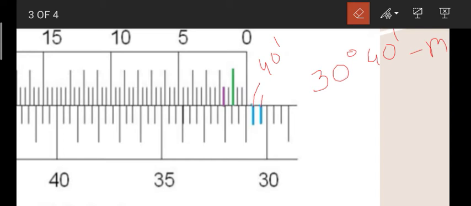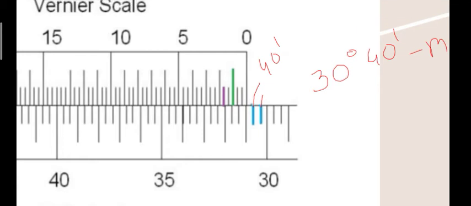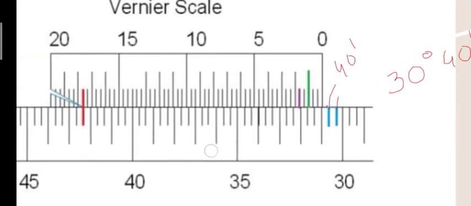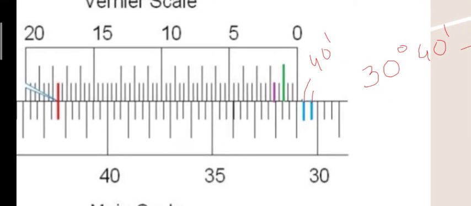Now, how to find the vernier scale readings? Once we find the main scale reading, that is 30 degrees and 40 minutes, we'll find out which graduation of the vernier scale and the main scale is exactly coinciding with each other. Coinciding means what?